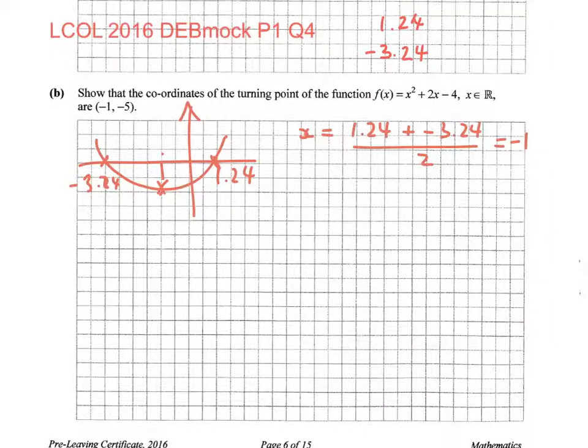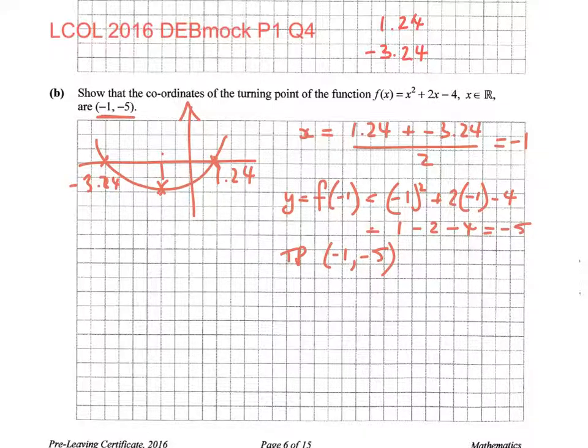And to find the y value, all I need to do is put that value into the function. So minus 1 all squared plus 2 lots of minus 1 minus 4, we end up with minus 5. So our turning point is minus 1, minus 5, which is what it was asking for.